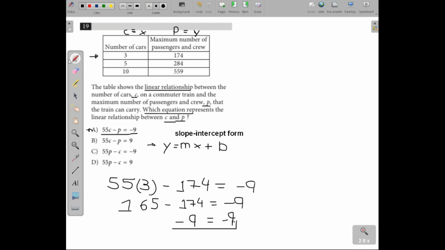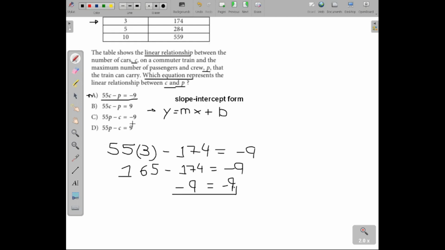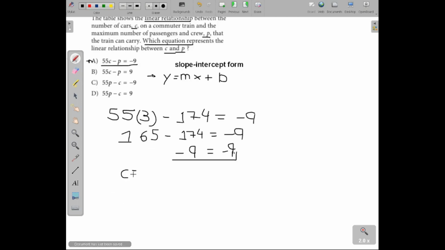But what about if C is equal to Y and P is equal to X? So it could be 55 times 174 minus 3 equal to negative 9.